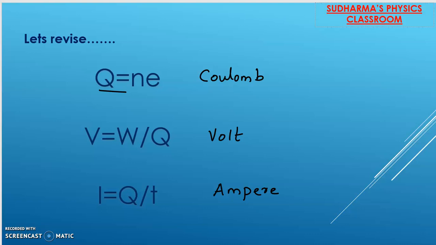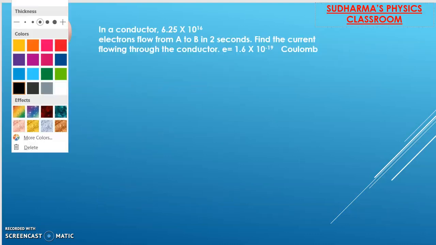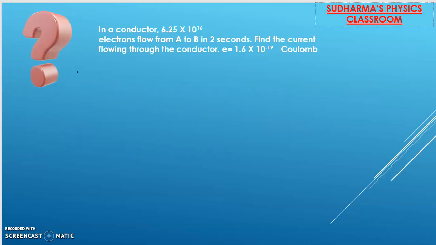Now let's apply this in the questions and see how we can solve them using those equations. Let's do the first question. In a conductor, 6.25 into 10 power 16 electrons flow from A to B in 2 seconds. Find the current flowing through the conductor, and given E equals 1.6 into 10 power minus 19 coulomb. Once we read the question, along with reading, we have to note down the values given in the question.